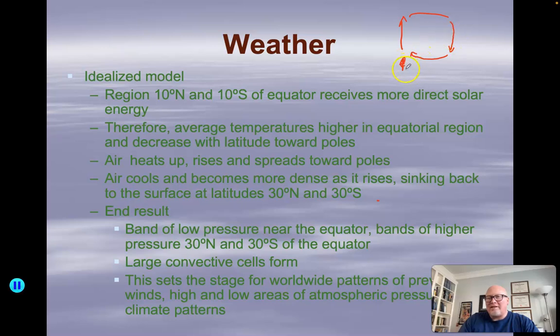So if you have an uneven heating of air, you're going to get this constant motion, this convection current. Okay, so we get large convective cells worldwide, and that does create the stage for worldwide weather patterns. Areas of high and low atmospheric pressure, areas of high and low amounts of precipitation.